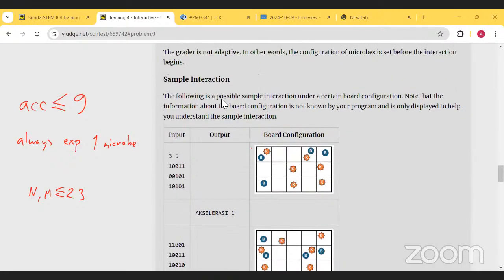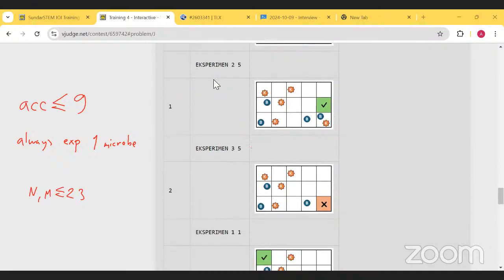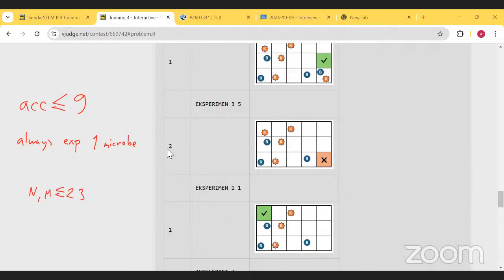And then how to solve it? If we query on a cell with two microbes, we don't get a wrong answer.